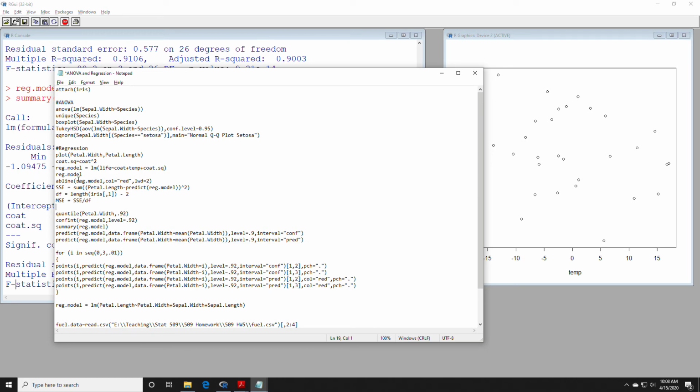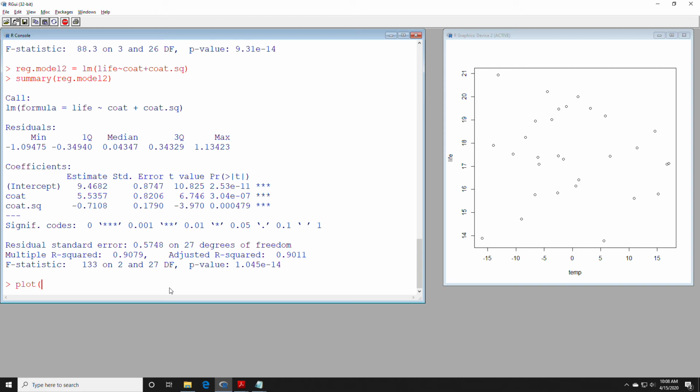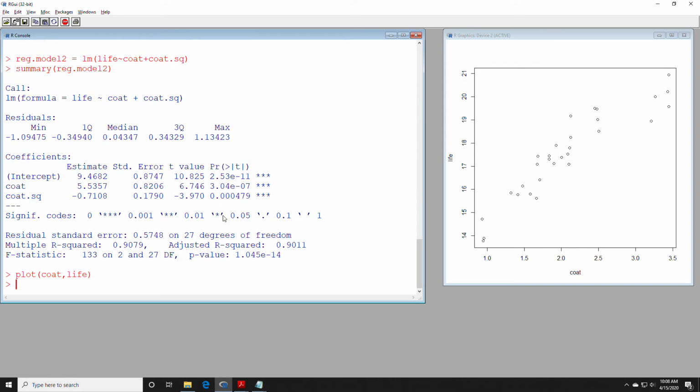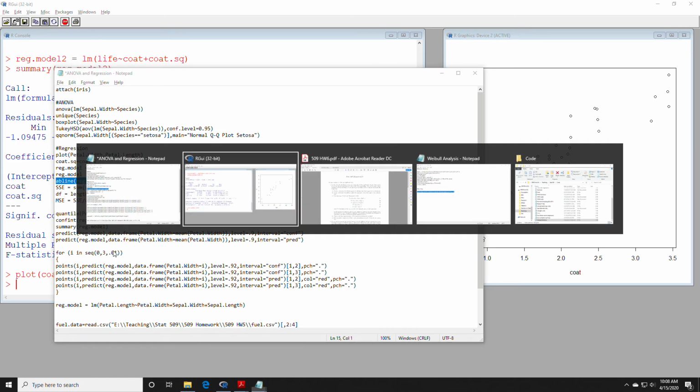That'll be this abline, but we need to get coding on the x-axis again. So plot code, comma, lifetime. And now abline, making sure that if you changed the label to reg.model2, you change the label.